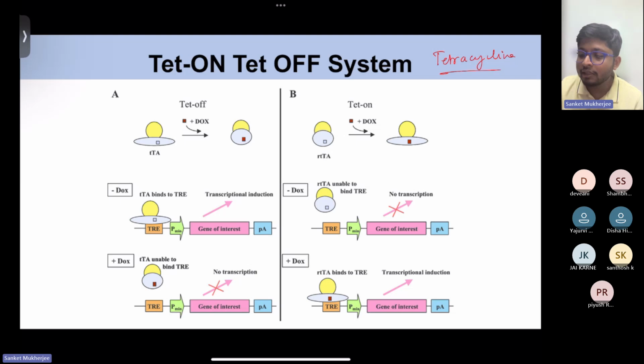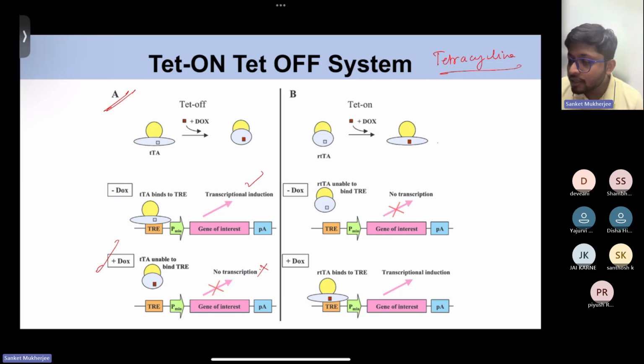As you can see in figure A, whenever doxycycline is introduced, transcription does not happen. But when doxycycline is absent, transcription happens, translation happens. It's a normal gene function.